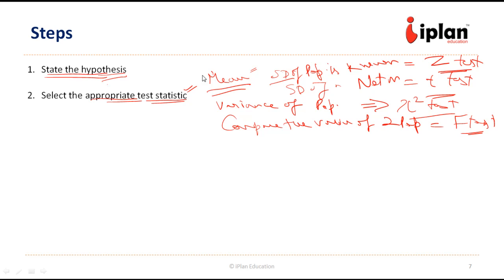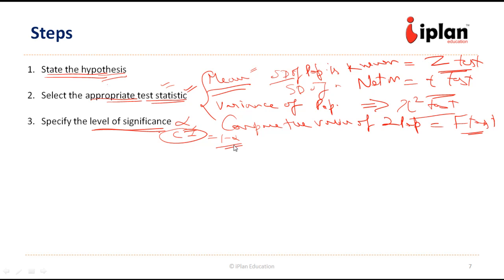So similarly, based on the problem, we can pick the appropriate test statistic and calculate it. Then we specify the level of significance. As we have seen, the value of alpha, or the confidence level if we represent it by 1 minus alpha. So we need to decide how sure we want to be about that hypothesis. That is represented by the level of significance that should be specified.